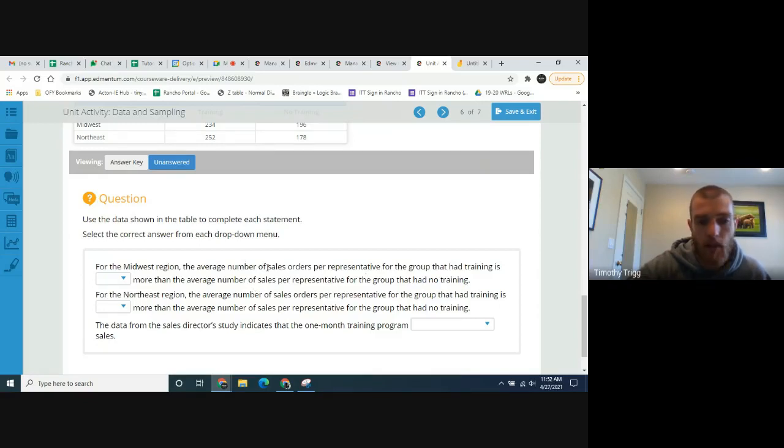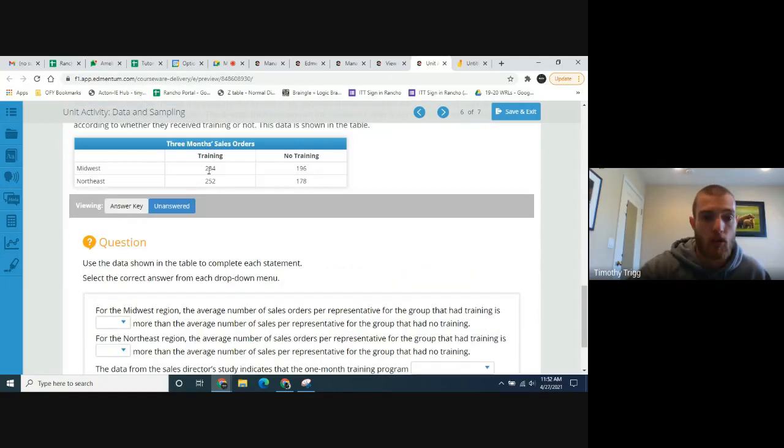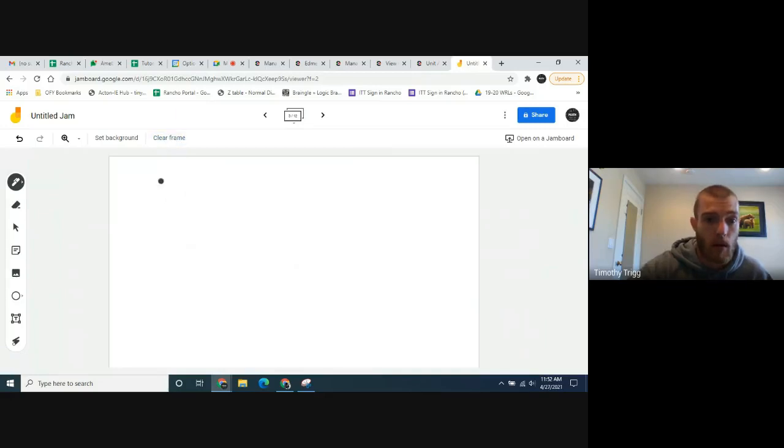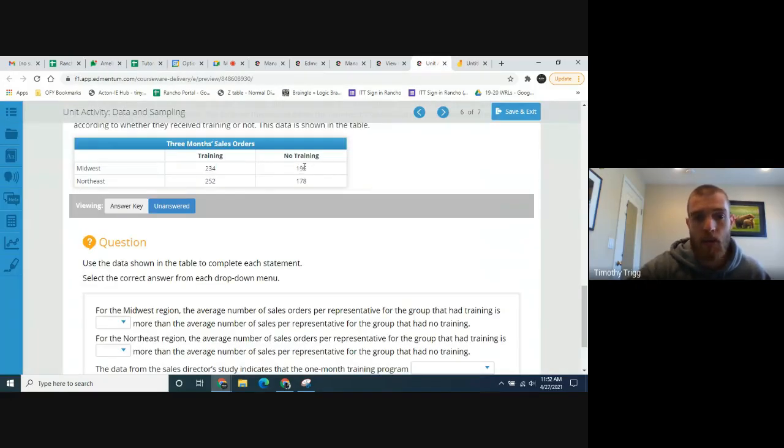For the Midwest region, the average number of sales orders per representative for the group that had training is blank more than. For those that received training in the Midwest, they had 4.68 per representative. What about those that did not receive training in the Midwest? Again, I would take the 196 here and divide by 50.